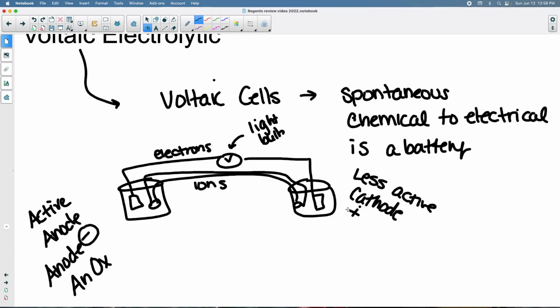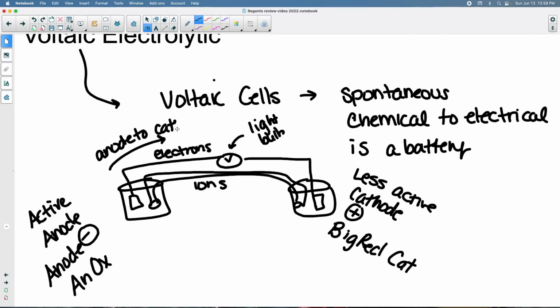The cathode will be positive, and remember we have big red cat because the cathode gains electrons, gains ions, and gets bigger. Electrons are always going to flow in the wire from anode to cathode.